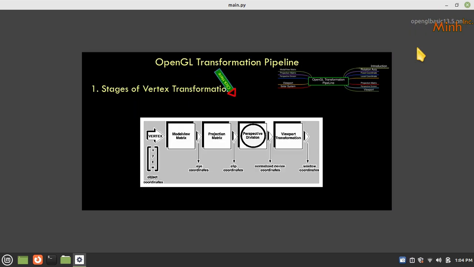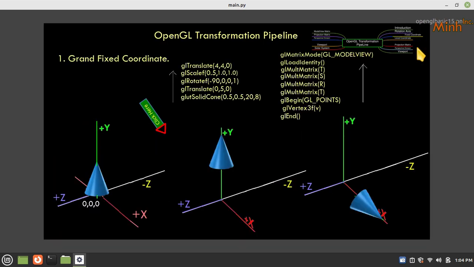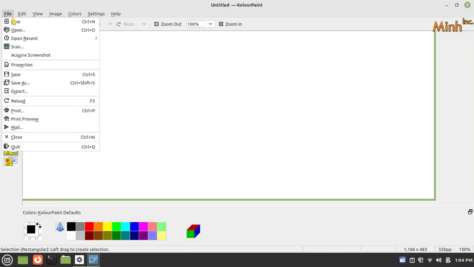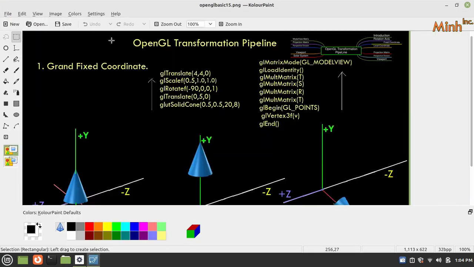Now we are talking about the model view matrix. First we draw the model at the origin and then we start doing the translation, we start doing the transformation. So this transformation, what we did, is the natural way. Okay, what is the problem here? What about this?